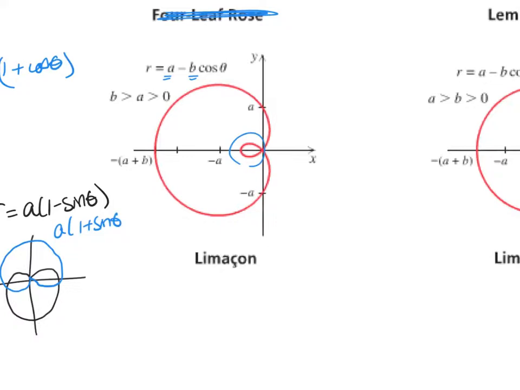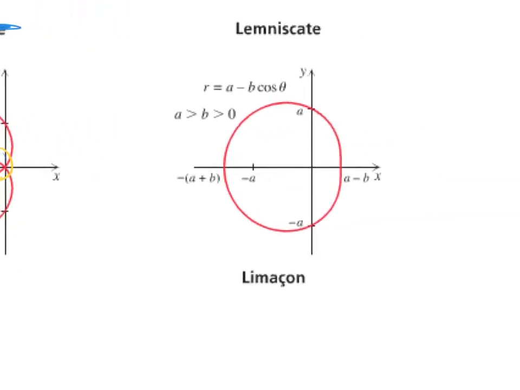If my A value is less than my B value, then I end up with a loop. If my A value is greater than the B value, then I still have the same kind of shape, but that loop is now gone.